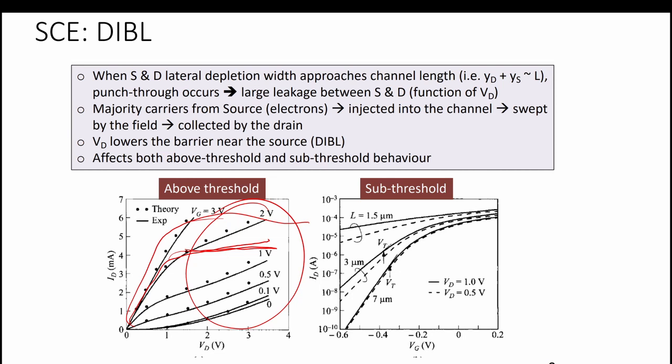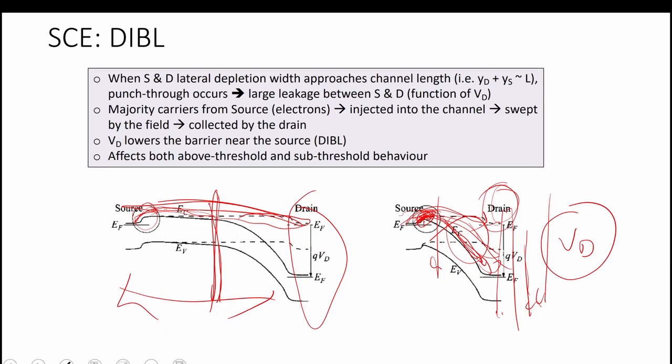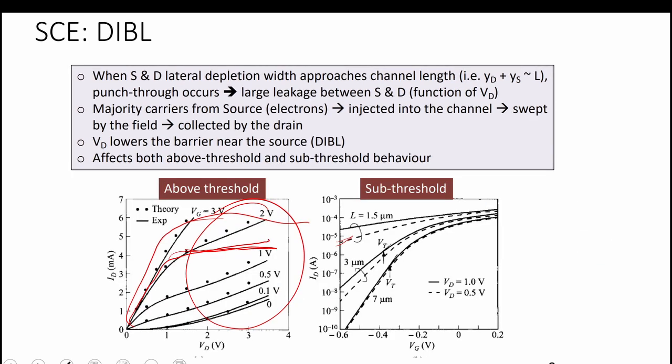In the subthreshold region, what is happening is that the transistor is turned on even at negative volts.